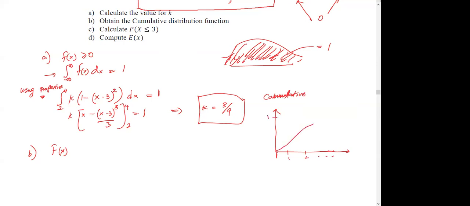Maximum is 1. At some point it goes to 1, and then it remains the same at 1. So F(x), consider a common case, this x. You can find this cumulative distribution from its beginning to this x by integrating it from negative infinity to x.